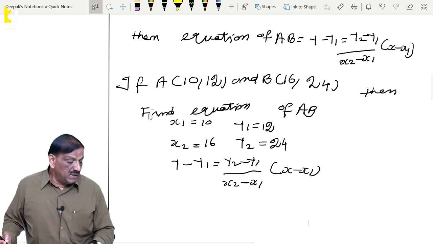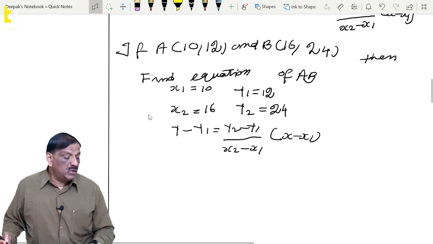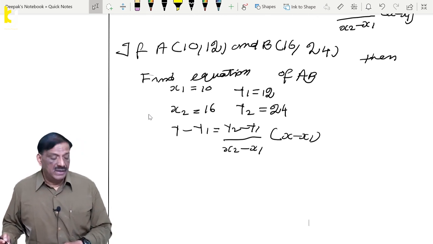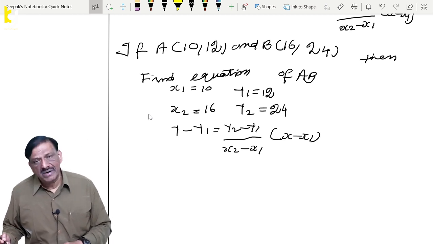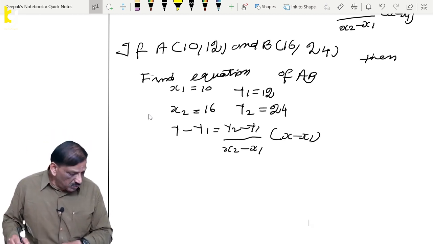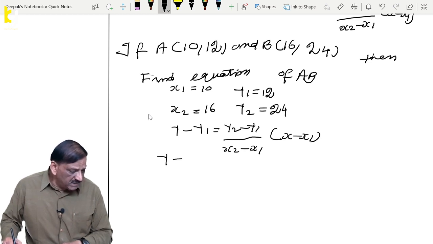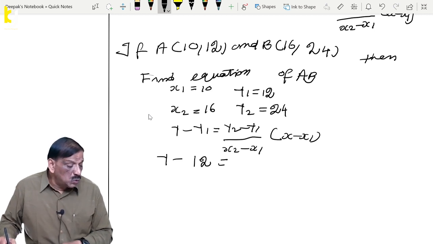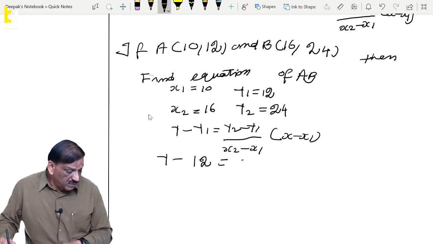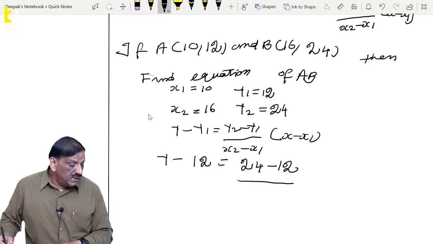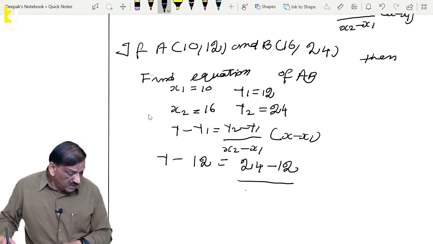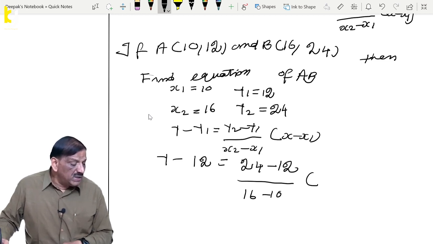So, y minus 12 equal (24 minus 12) divided by (16 minus 10) into (x minus 10).